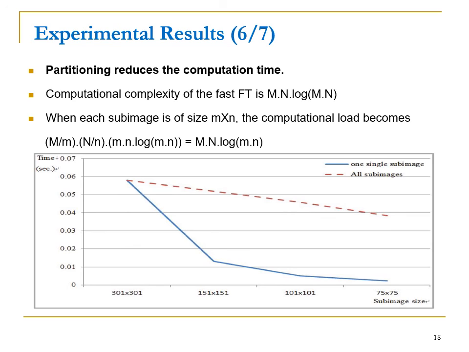The picture below shows how the computational time decreases as the image is partitioned. Overall the computation time decreases from 0.58 seconds to 0.38 seconds. And as far as a single sub image is concerned, as its size is reduced, first the computation time is drastically reduced, then it keeps on reducing, but the rate becomes slower.